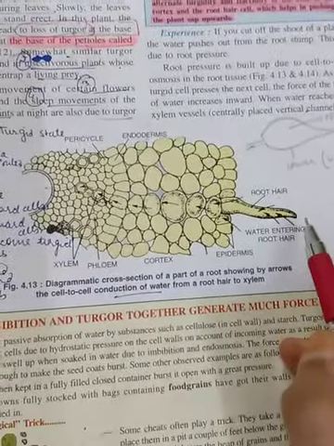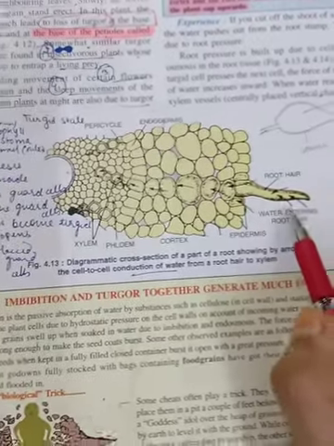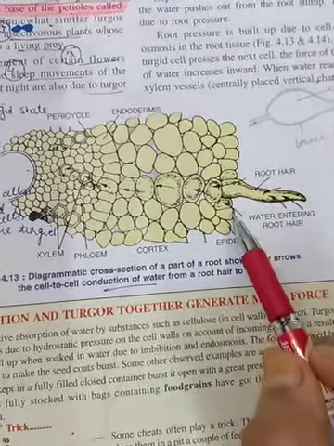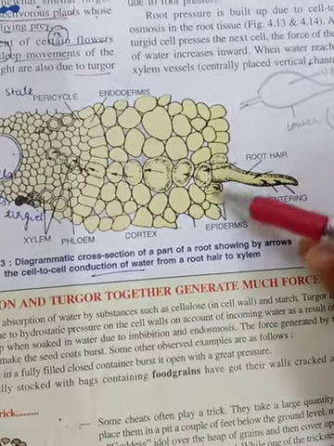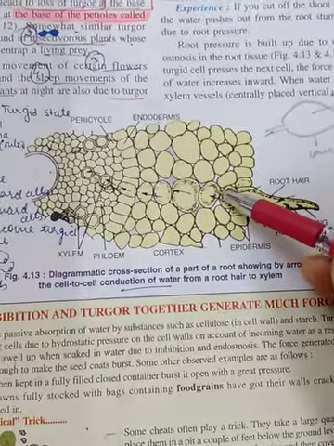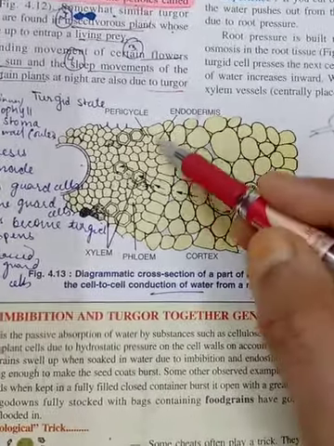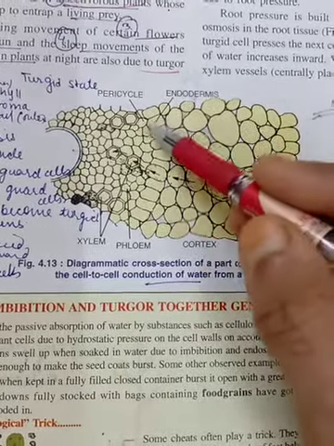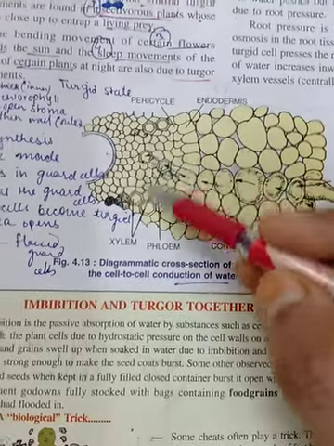Continuously water is entering the root through the root hairs. Water is entering the root hair, then the epidermis, which is single layered here, then coming into the cortex, these cells are cortical cells. Then the endodermis, single layered box-like cells. Then the next layer is the pericycle, and then the vascular bundle, that is phloem and xylem.